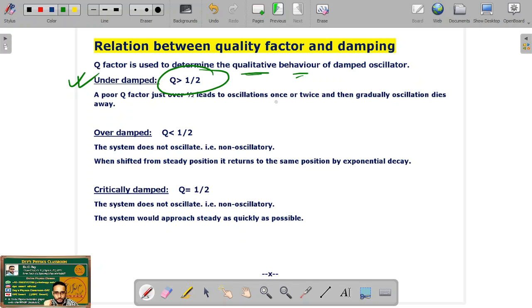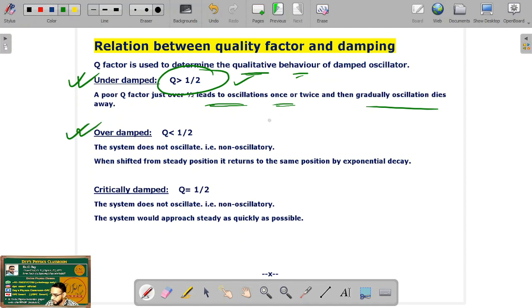A poor quality factor just above half will produce 1 or 2 oscillations, and it will gradually die out with time. So the system will oscillate, but very little, and gradually it will die away.